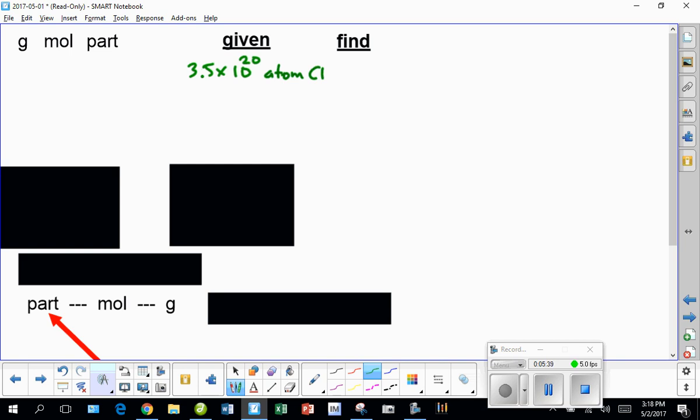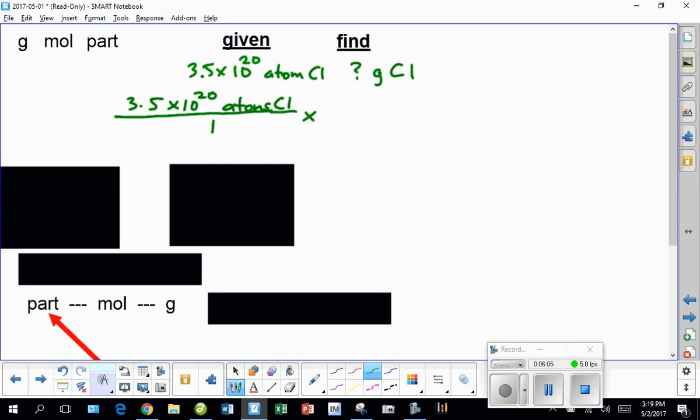Over here, I'm going to have the find at the end of the path, and so I want to know how many grams of chlorine atoms that is. So we're going to start with our given over 1, 3.5 times 10 to the 20th atoms of chlorine over 1 times.